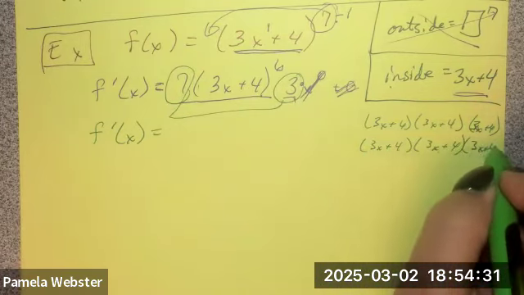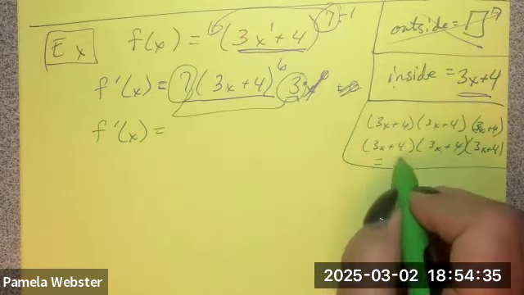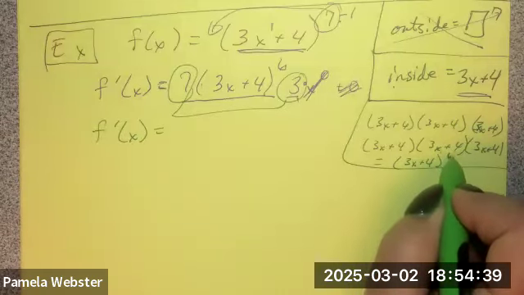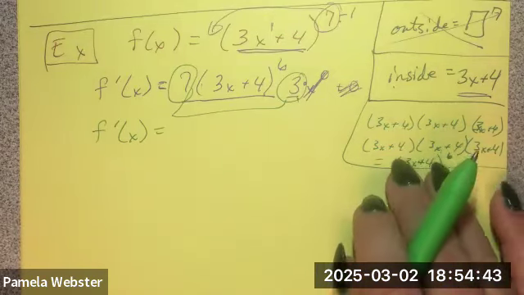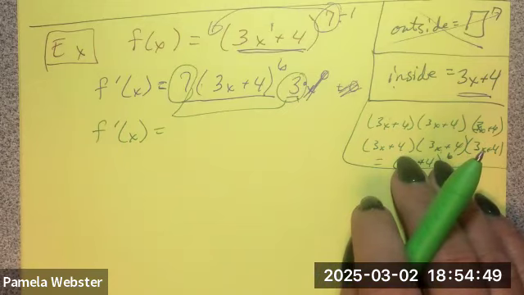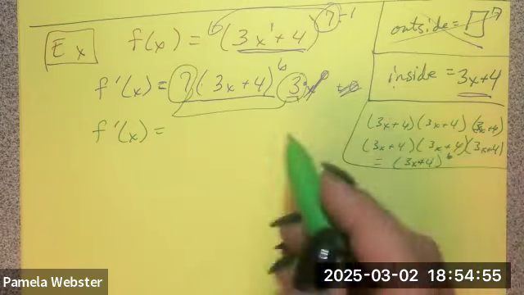Okay. 3x plus 4 times itself 6 times. That's what 3x plus 4 to the 6th power means, right? And is anybody going to sit around and multiply all that junk out to find out what that is, just so you can multiply that 7 and that 3 through? Lord, I hope not. That's a waste of our time. Okay. So we're not going to do that.